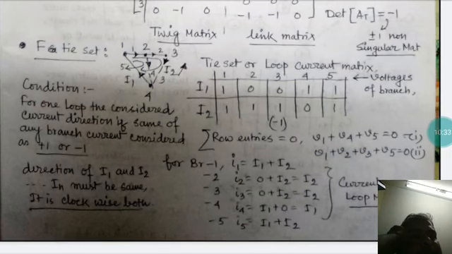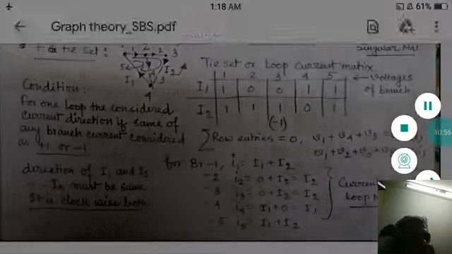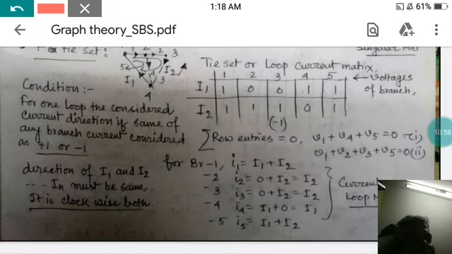Therefore V1, V4, V5, these are the branch voltages, and I1, I2 are the current of each loop. So if you want to calculate the particular branch voltage and branch current, from that node point you can easily jot down V1, V2, V3, V4 and V5.